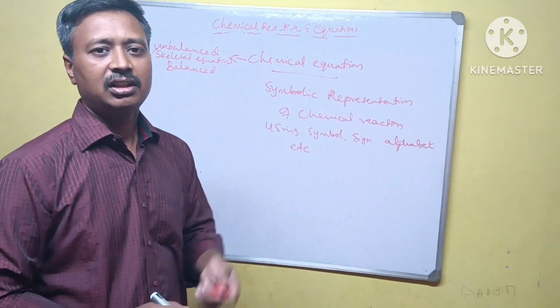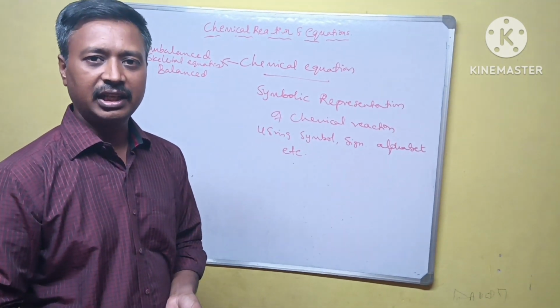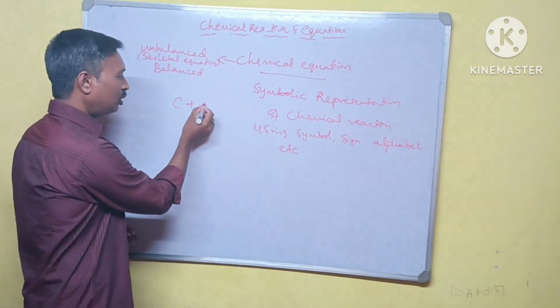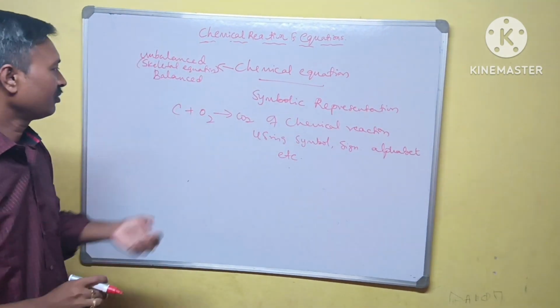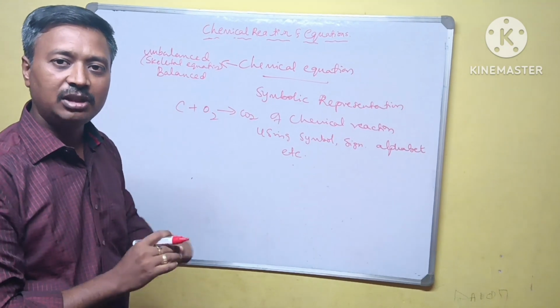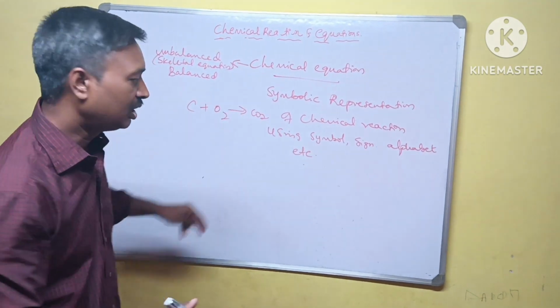Example: when I burn carbon, we get carbon dioxide. Here C is carbon, O2 is oxygen, gives CO2. This is a skeleton equation. It is not balanced.